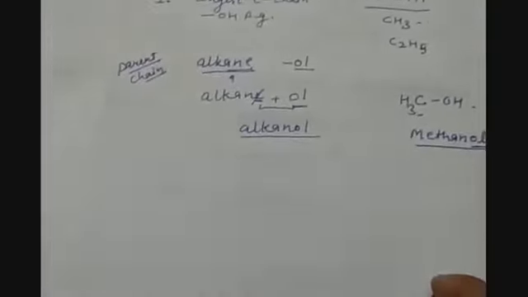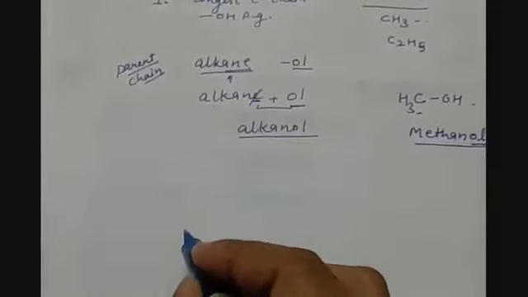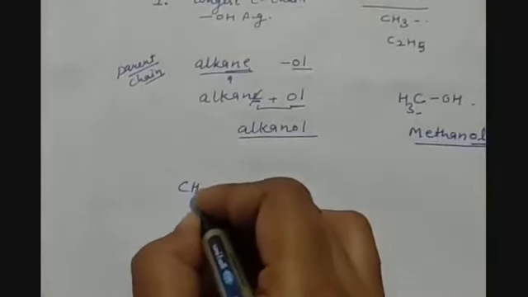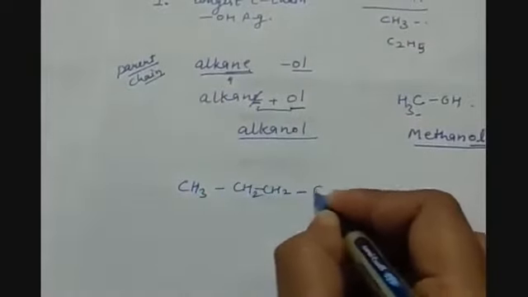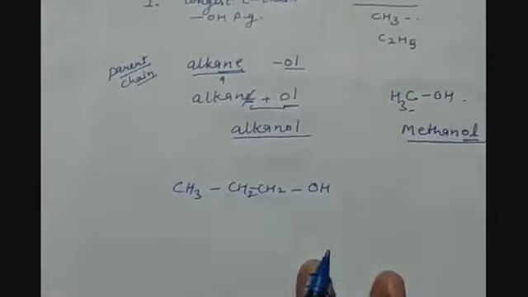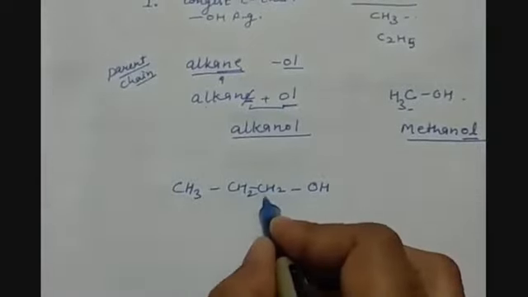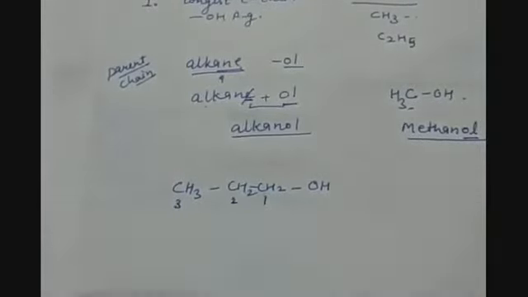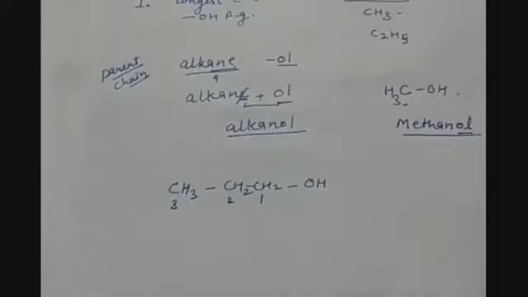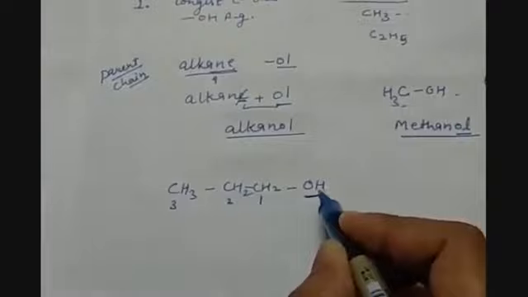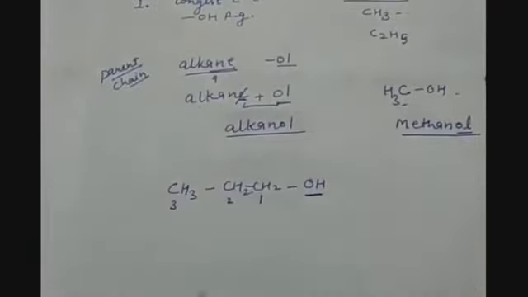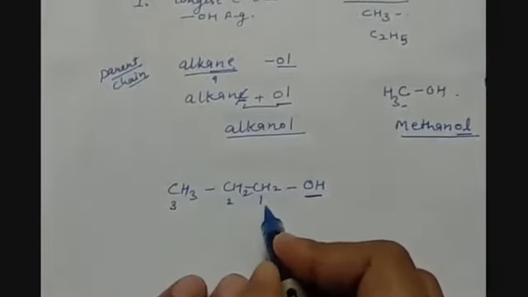Now let us see another example. We can have CH3, CH2, CH2, OH. Now we have 1, 2, 3 carbon atoms. Always give priority to the functional group, that is alcohol here, so that it gets the lowest position.